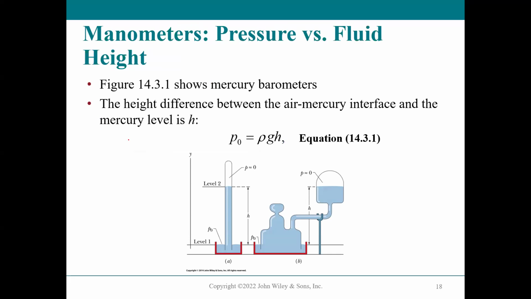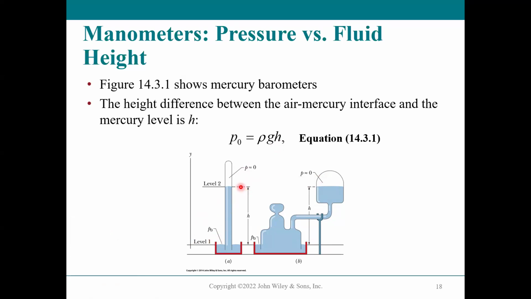So this one is the mercury barometer, and the height difference between the air-mercury interface and the mercury level is H. So this one is level 1. And then the pressure here is 0, and then this one is H. So we can calculate what P0 is here. The P0 here is equal to rho GH.